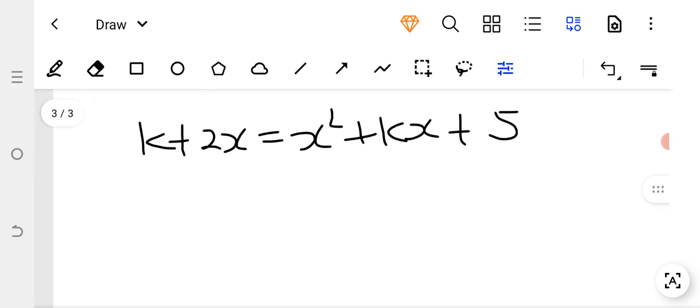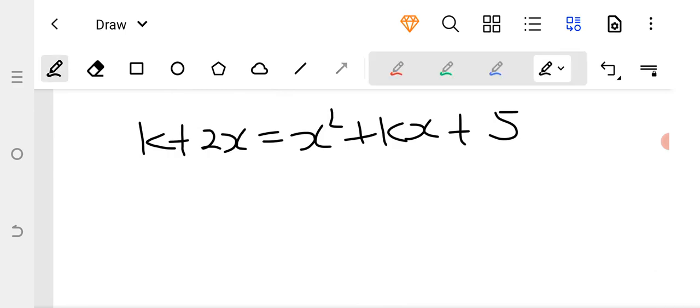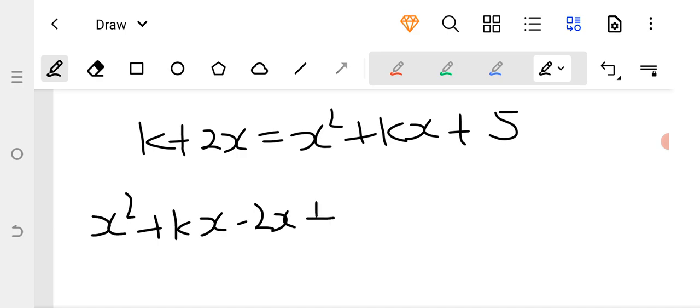What do we do from here? We just need to write this in the standard form of a quadratic. Of course, x squared plus kx minus 2x plus 5. I'm taking everything to that side of the equation, so minus 2x plus 5 minus k is equal to 0.